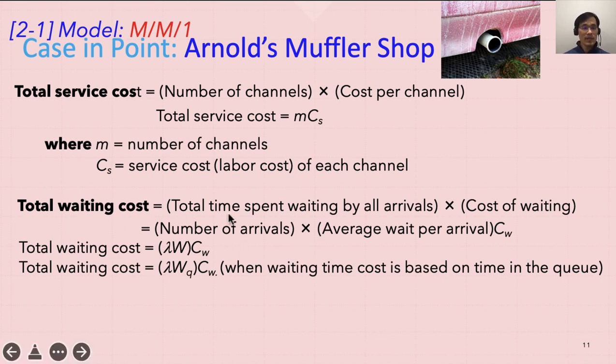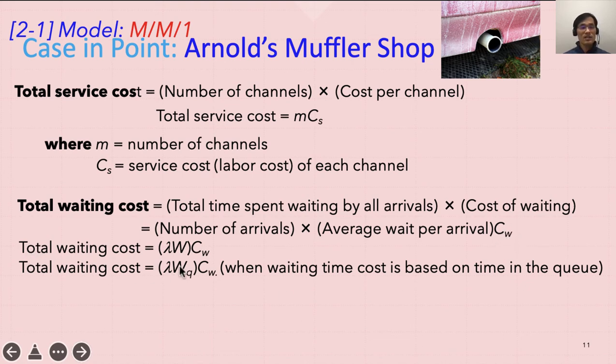Total time spent waiting by all arrivals multiplied by cost of waiting, right? So what is the cost of waiting and how much time do they wait? And that equals number of arrivals. So how many arrivals you have multiplied by average wait per arrival multiplied by CW, waiting time.